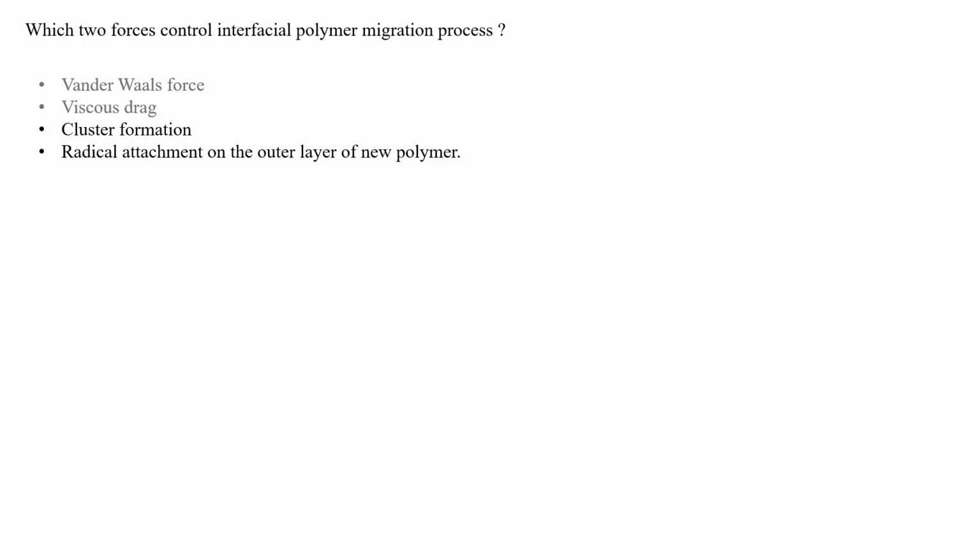If radicals attach on the outer layer of polymer particles, new polymer will form on the periphery itself. If you have a polymer particle like a sphere or bead, the radicals attached on the outer layer will start growing polymer there. And if the polymer starts growing on that polymer itself, it will form a cluster.